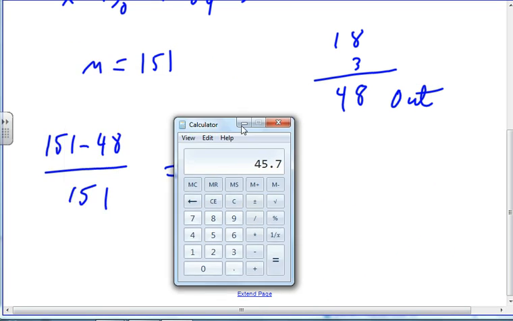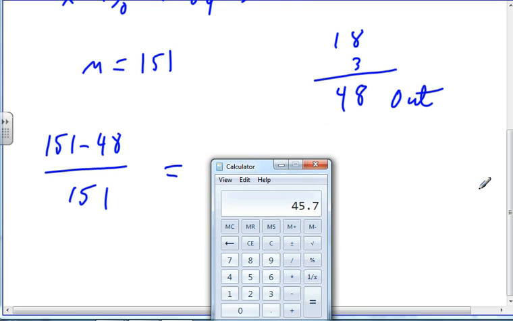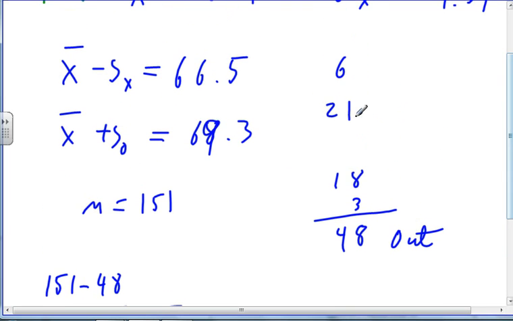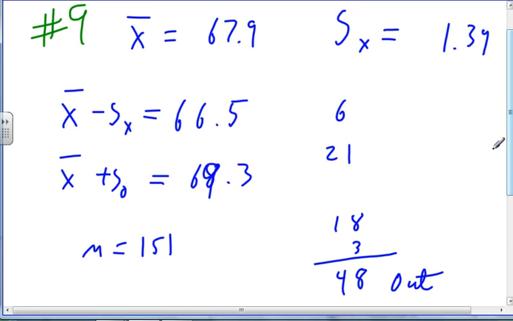How did you get to 48? I don't know. Did I do it wrong? I was just wondering how you got to 2, 4, 2, 3, 4, 8. Where did those numbers come from? Those are the ones that are out. So when I look at my data table, who's below 66.5, the 6 and the 21. Who is above 69.3, the 18 and the 3.